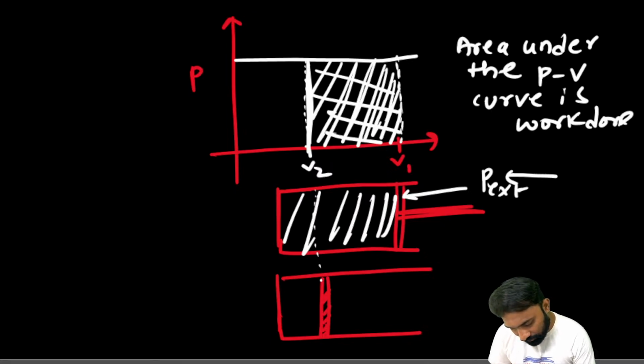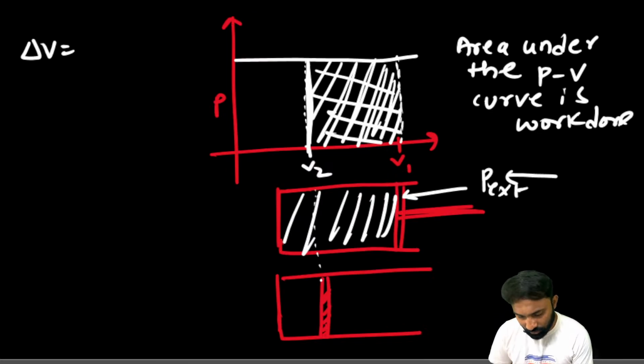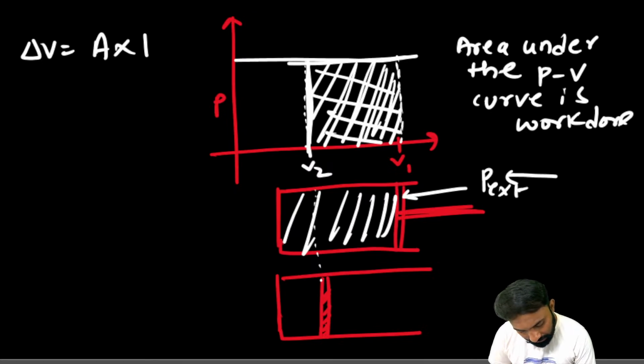The change in volume we call delta V. Delta V is equal to area into length. From here to here is this much length and this much area. Clear? Change in volume is area into length.